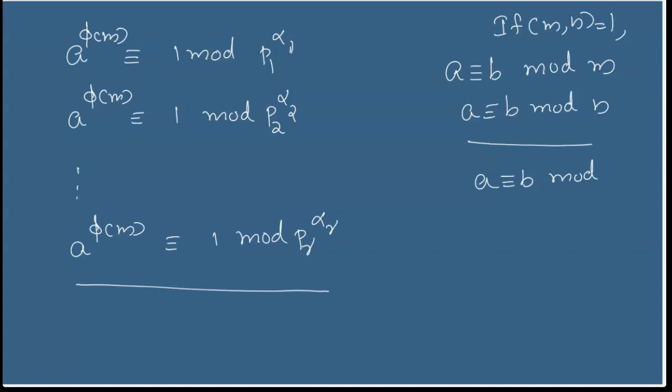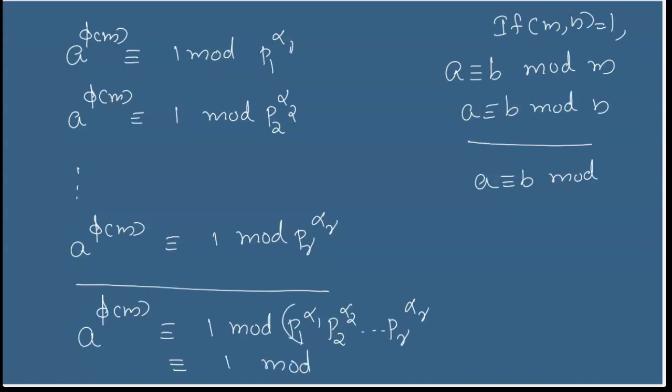Applying the same result over here, we get a raised to φ(m) congruent to 1 modulo p1^α1 · p2^α2 · etc. · pr^αr. That is, a raised to φ(m) is congruent to 1 modulo this quantity, which is m itself. So we have obtained that a raised to φ(m) is congruent to 1 modulo m, as required by the statement of our theorem.